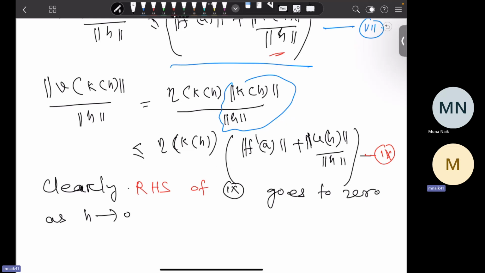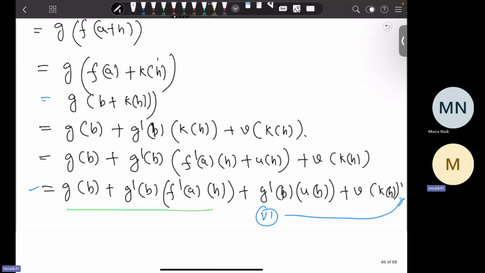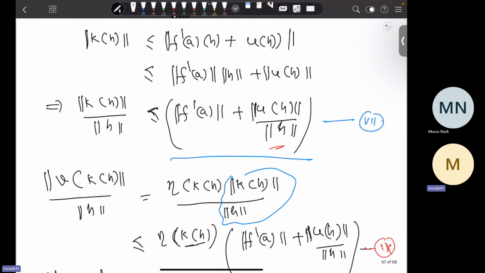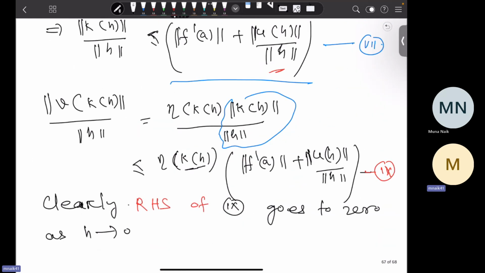You know that eta k goes to 0 as k goes to 0, so this is 0, and A prime is a constant; if h goes to 0, norm of u(h) by h goes to 0.